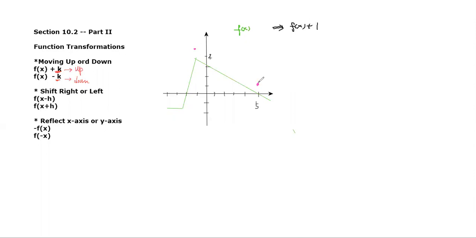This point here used to be 0, so I move it to 1 also, right? And this point, I move up 1, so it's somewhere here.